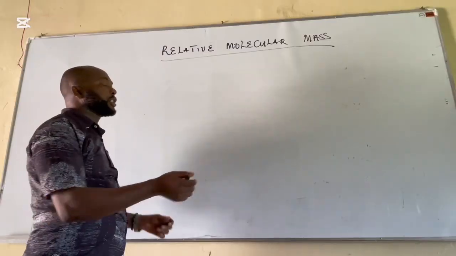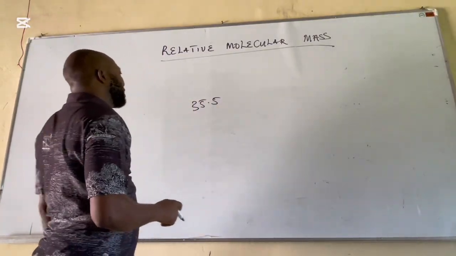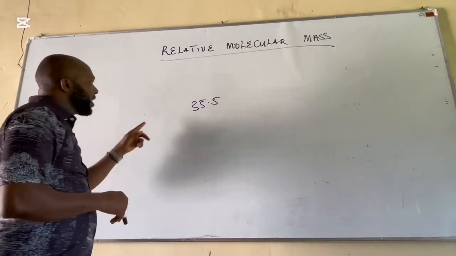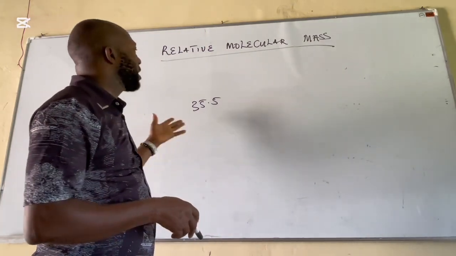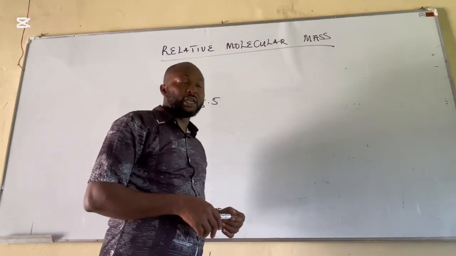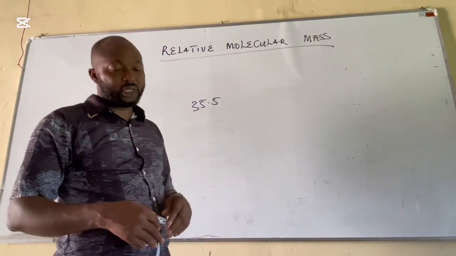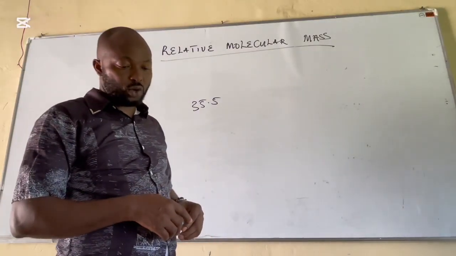Now, for example, we have 35.5 as the relative atomic mass of chlorine. When this happens, it can be deduced that that element is isotopic. It is due to isotopy that we can have all of these kind of relative masses that are not whole numbers.